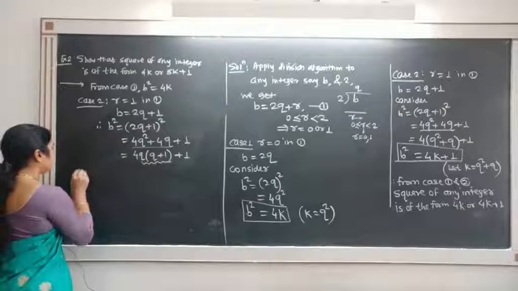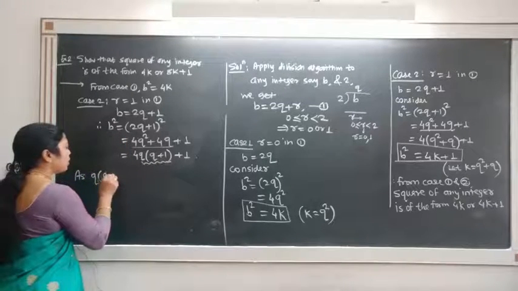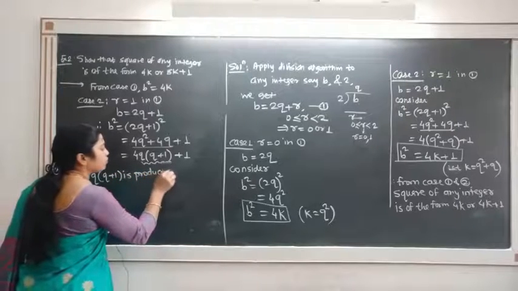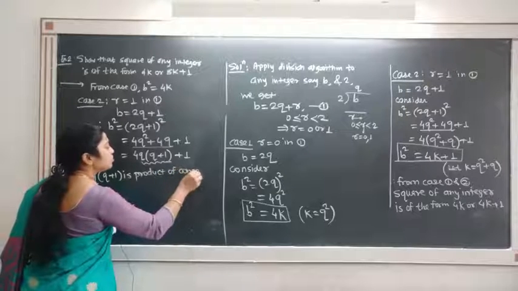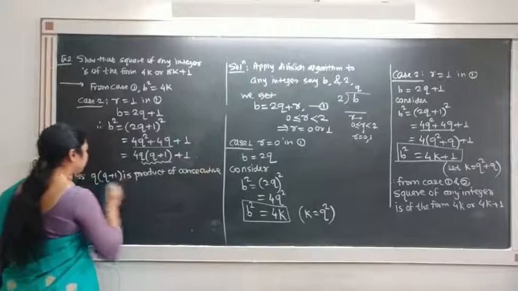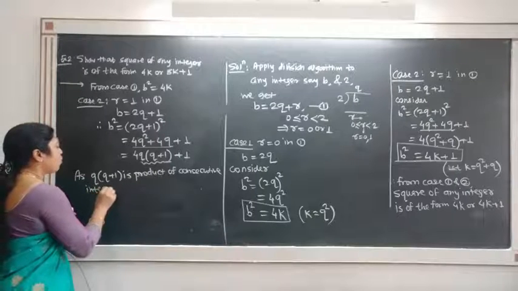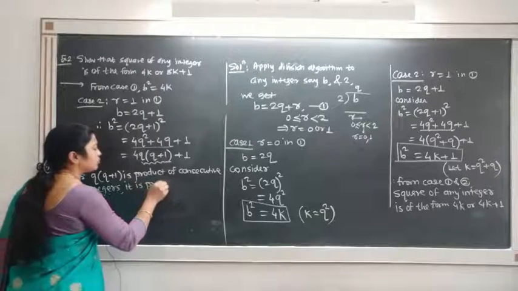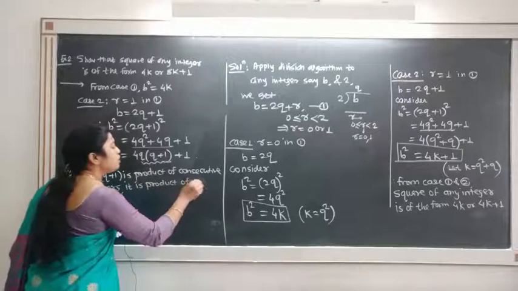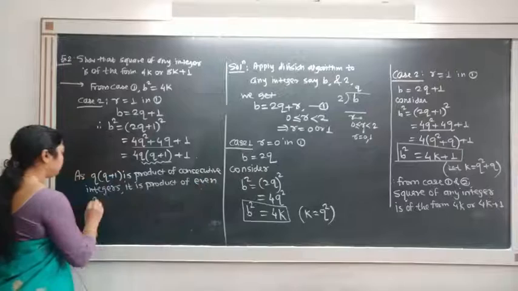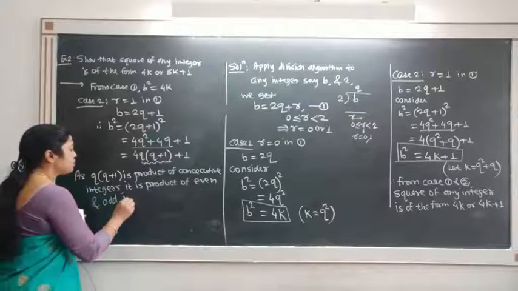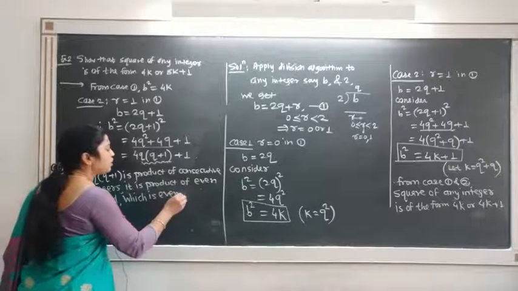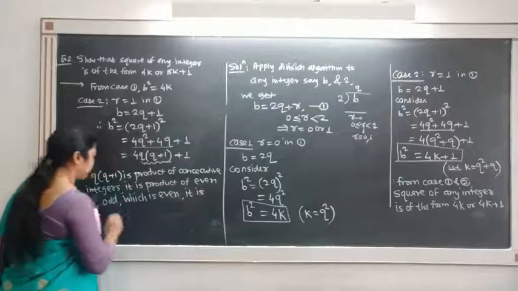Because q into q plus 1 is a product of consecutive integers, it is always even, and because it is even, it is a multiple of 2.